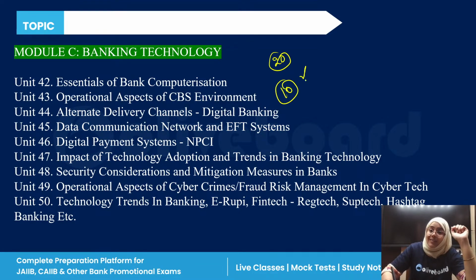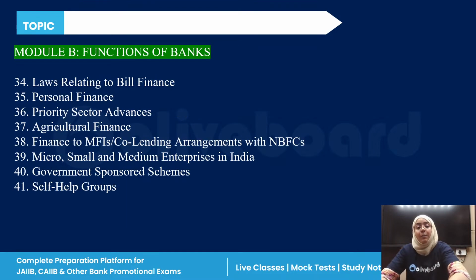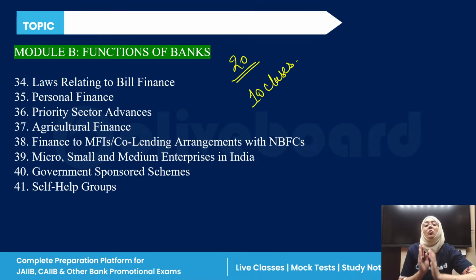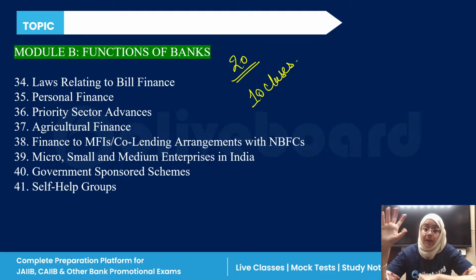Again, I'm taking 10 classes to complete module B. Now, I find module B easier than module A. Till the previous examination cycle, I found A easier than B, but now I found B easier than A. It depends upon the perspective of each and everyone, who understands what better, right? So from my point of view, B is easier than A.